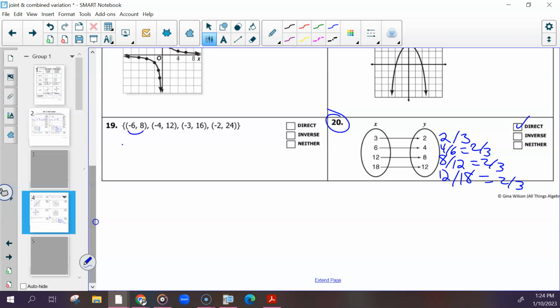So if I start multiplying, we have negative 48, negative 48, negative 48, and negative 48. So that's just how them work. So would this be direct or inverse or neither? Inverse. Why? Because if we're multiplying and the numbers are the same, that's inverse. Dividing is direct.